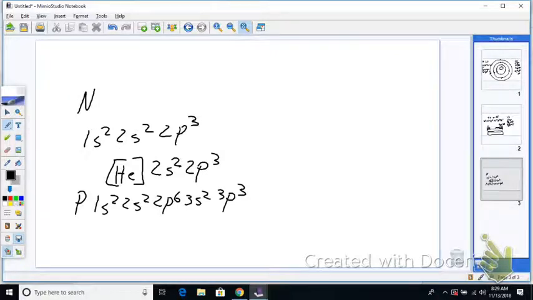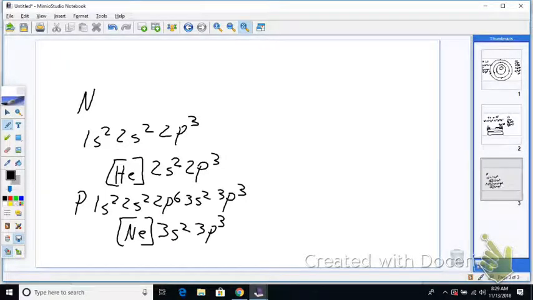I'm going to look at the noble gas directly above, that preceded the row phosphorus is in. So I'm going to put neon in brackets and start from neon. When you do the abbreviated version, s is always listed first. Then I count down, and phosphorus is in the third period. So I'm going to put 3s2, 3p3.